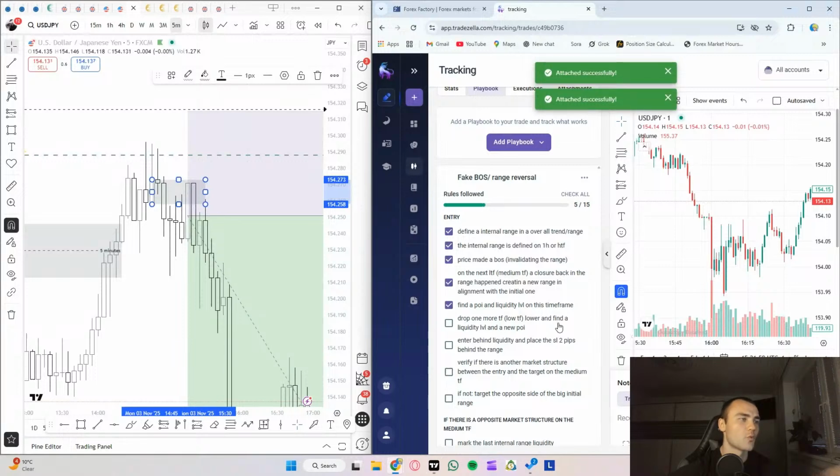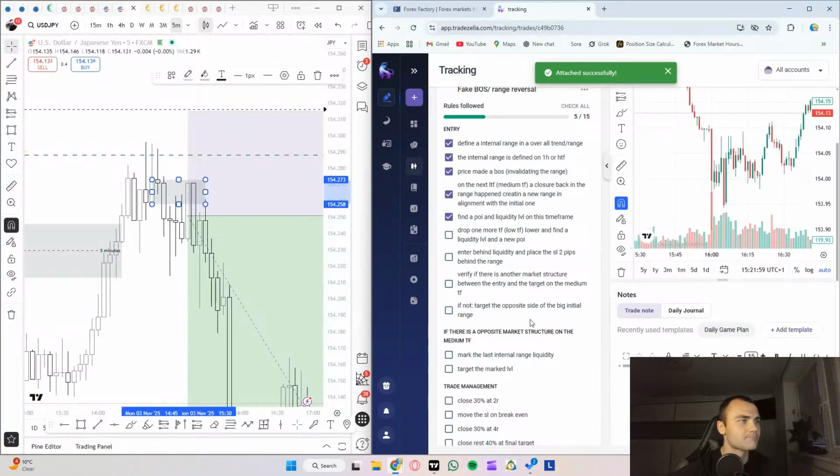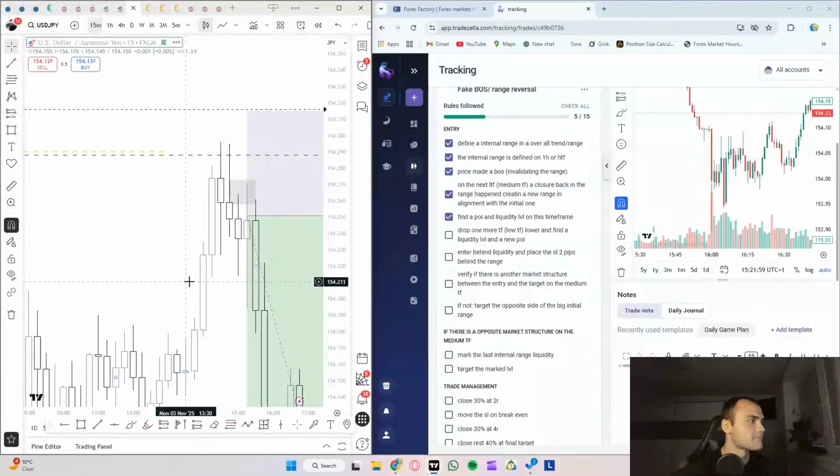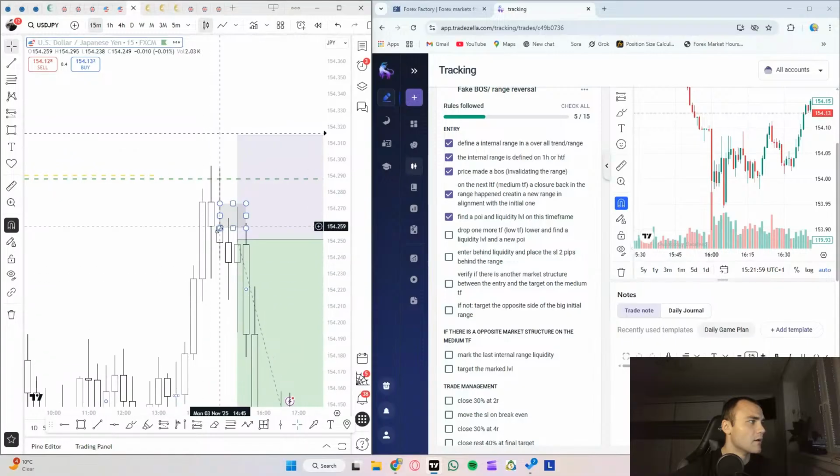Well, drop one more time frame lower, we did it, right? And find the liquidity level and the new POI, basically those ones. Also, if I would have stayed on 5 minutes, the liquidity level would have been this candle high, no, basically this one, this high, because it happened like this, right?